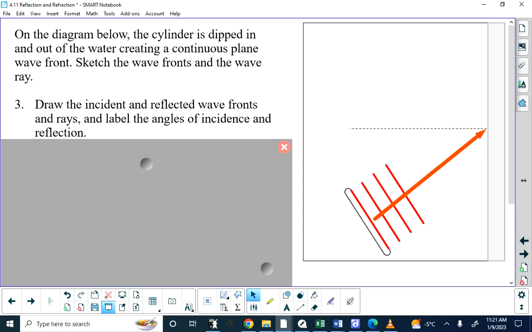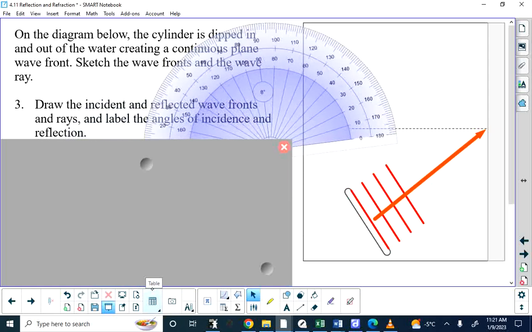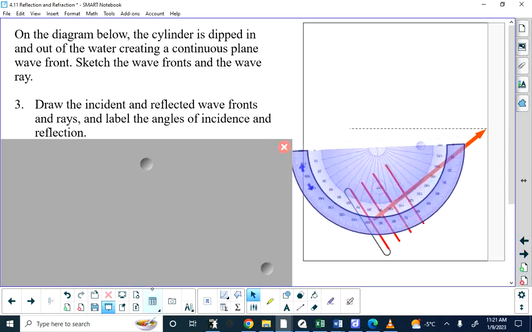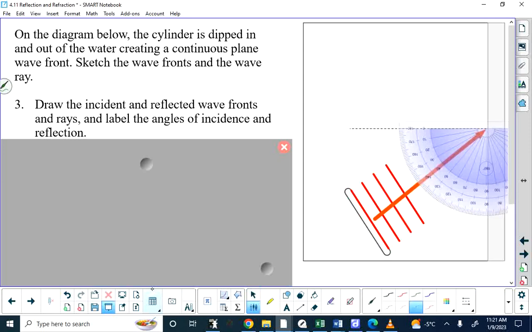But if I understand the concept of angles here with wave rays, I could take a protractor and measure this angle in here, and that angle in there, by the way, is the angle between the incident ray and the normal line.